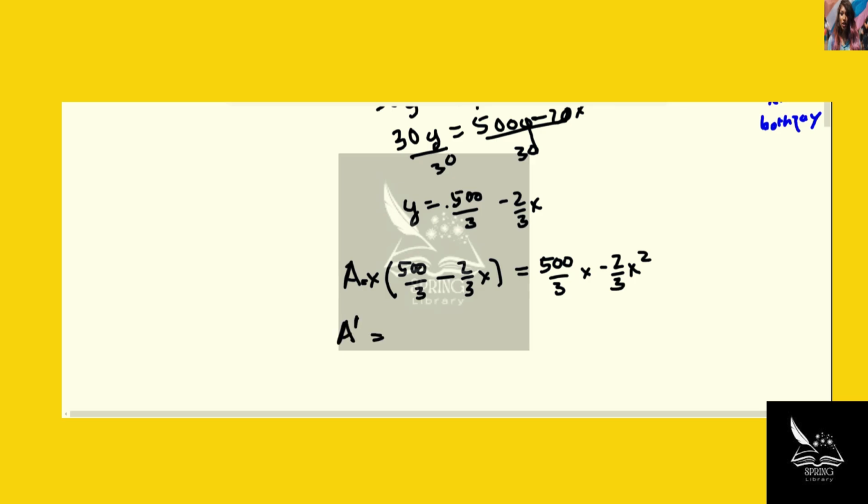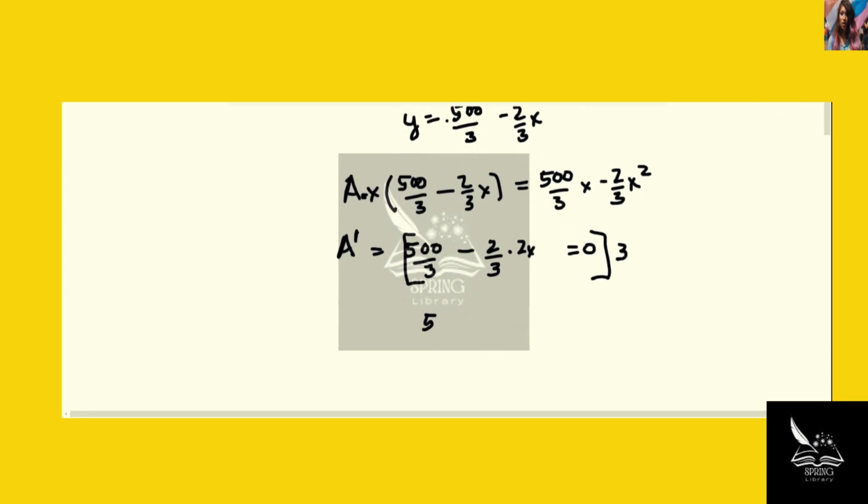Derivative of a constant times X is the constant, minus the constant times the derivative of X squared, which is 2X. We're going to set that equal to 0. We're going to multiply this whole equation by 3, so there are no fractions. 500 minus 4X equals 0. So 4X equals 500. X equals 500 over 4, which is 125.